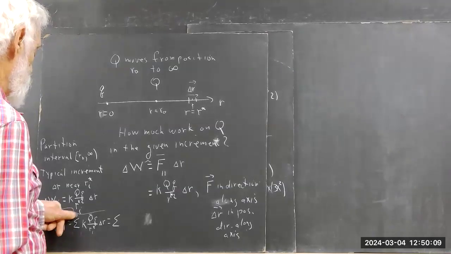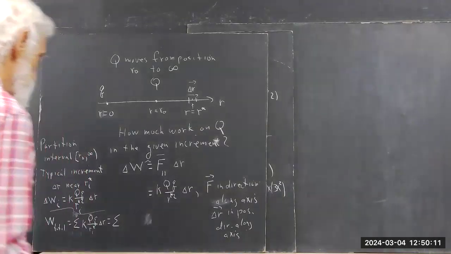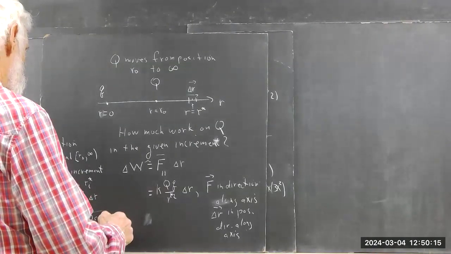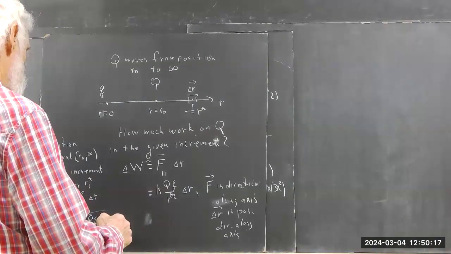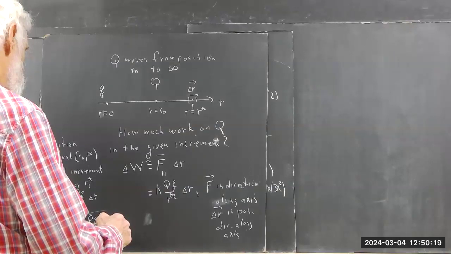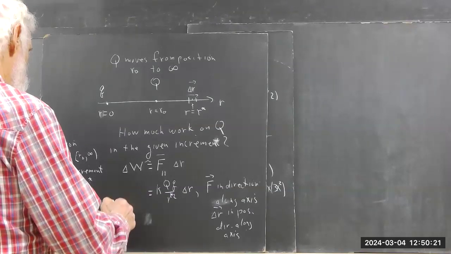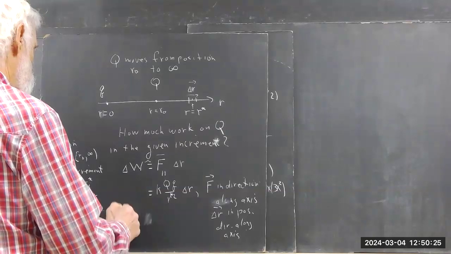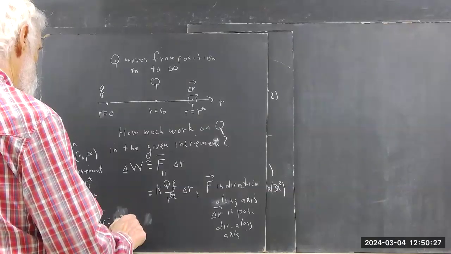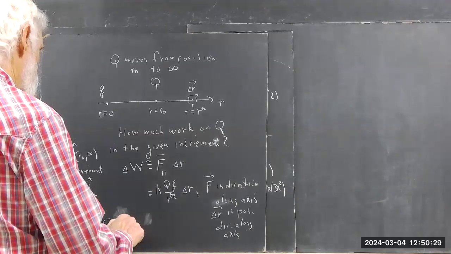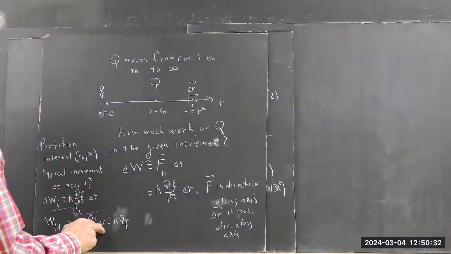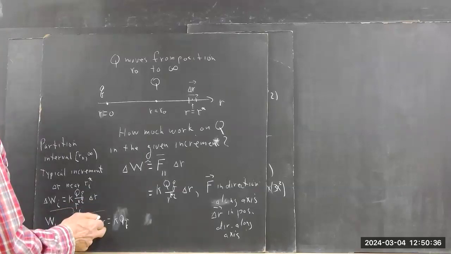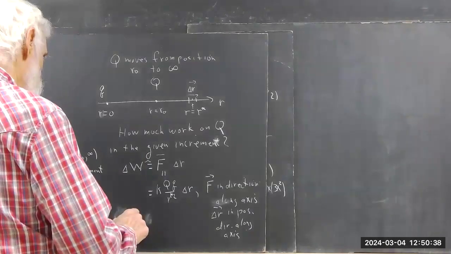I'm just gonna say the sum, add them all up. Okay. And I'm gonna factor out K, big Q, little q. I'm not gonna factor out the delta R because we're gonna be taking a limit as delta R goes to zero.